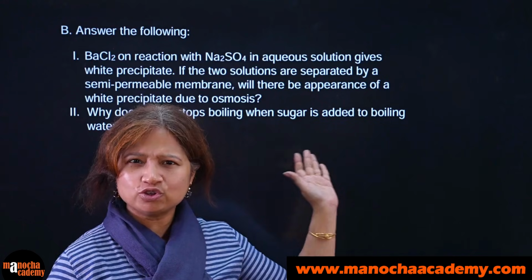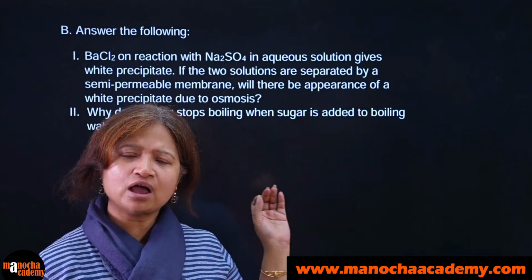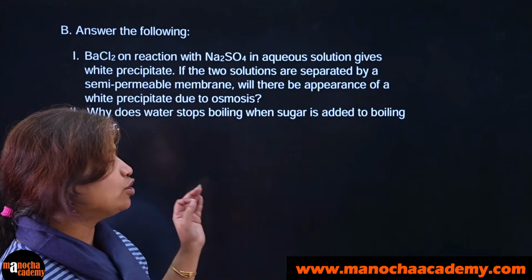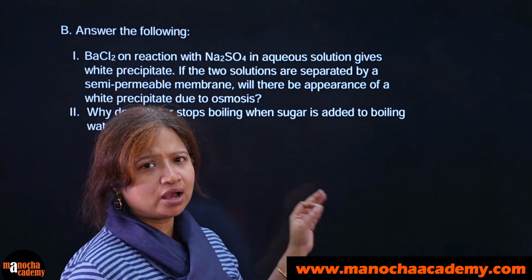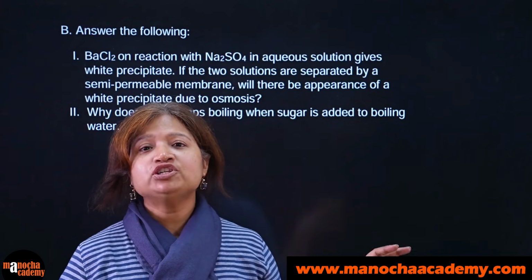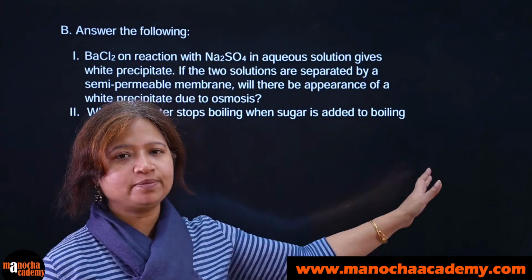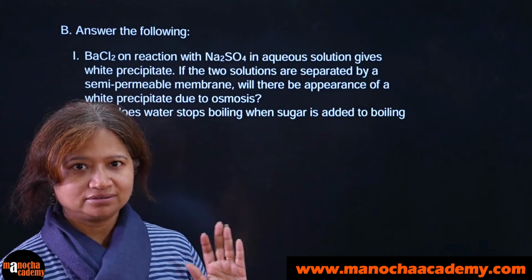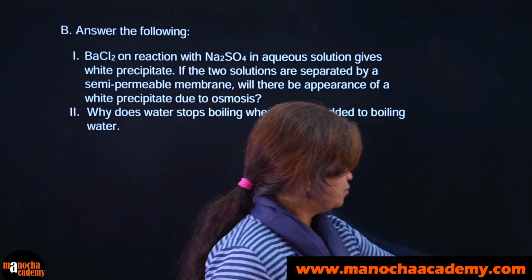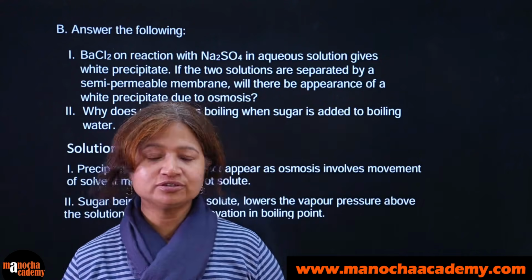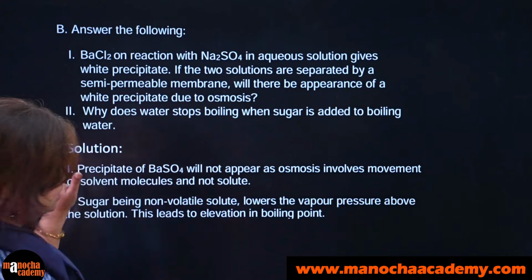We don't have to write so much, this is just for explanation. So the answer will be only that adding a non-volatile solute like sugar leads to elevation of boiling point. Okay. So next question.